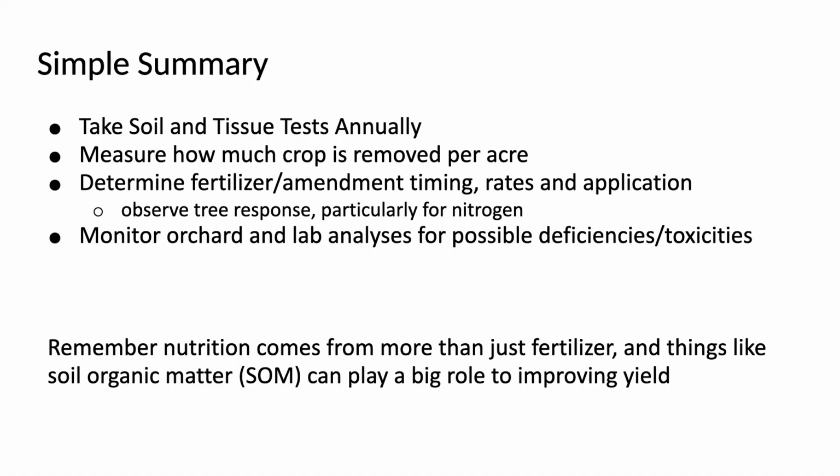We inundated you with information, and here are some key takeaways that you can hopefully take back to your farm to make some decisions. Try to take soil tests and tissue tests annually, or at least once, maybe after this workshop, and see where you're at and see if there's anything that jumps out at you that's like, oh my goodness, this is crazy. Try to measure how much crop you're harvesting per field or per acre, so that you know which fields are producing more, and try to figure out why and if nutrition is part of that.